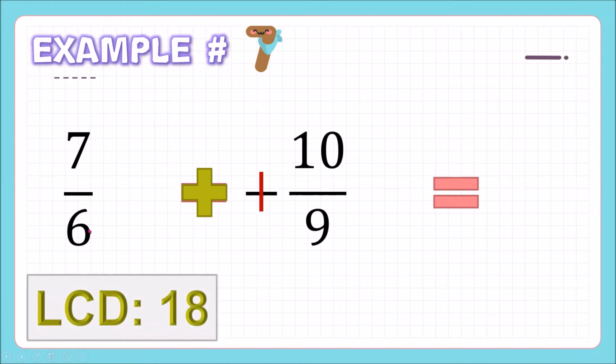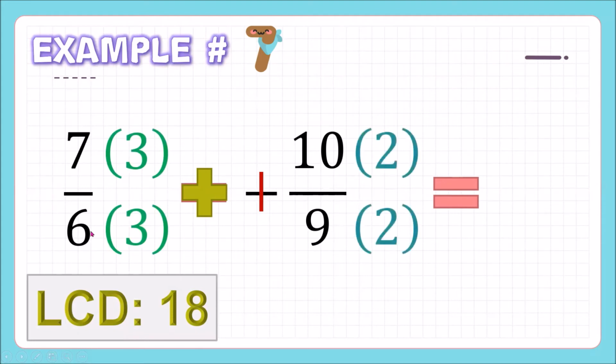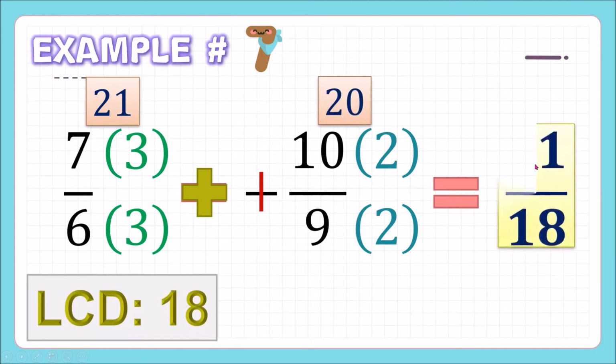To make it 18, we need to multiply this by 3, and then this one, multiply by 2. 6 times 3, 18. 9 times 2, 18. So we have here 7 times 3, 21. 10 times 2, we have 20. Let's add. 21 plus 20 equals 41. So we have here 41 over 18. No lowest term.